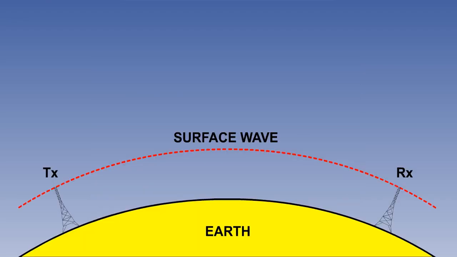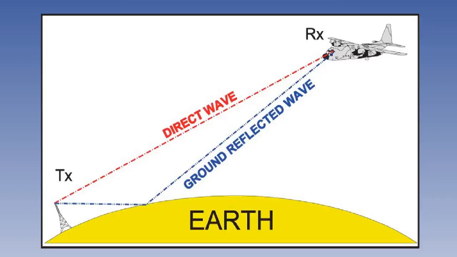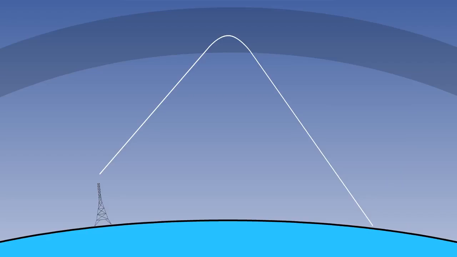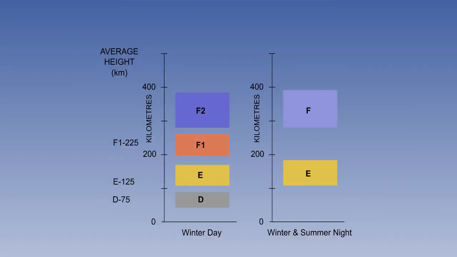Let's recap what we have learned in this lesson. Radio waves are transmitted either as ground waves, which can be surface waves, or space waves, or sky waves. The ionosphere is composed of 3 layers, D, E, and F, which is divided into 2, F1 and F2.